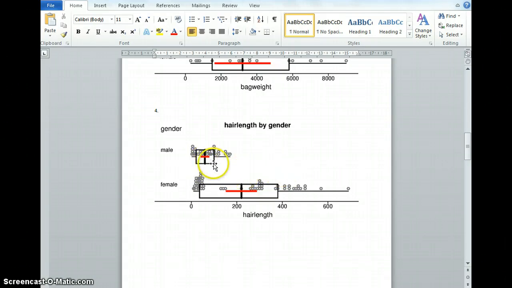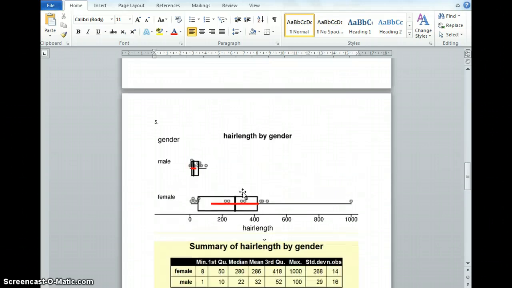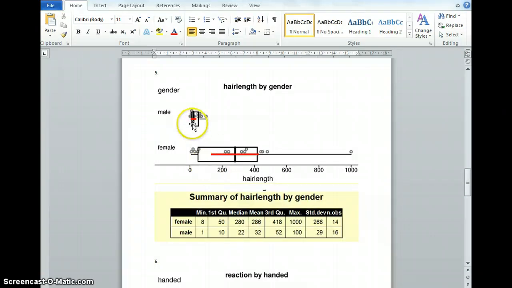Hence, you can make the call that males' hair length is shorter than females' hair length back in the population. Easy, median, outside, lower quartile. Make the call.